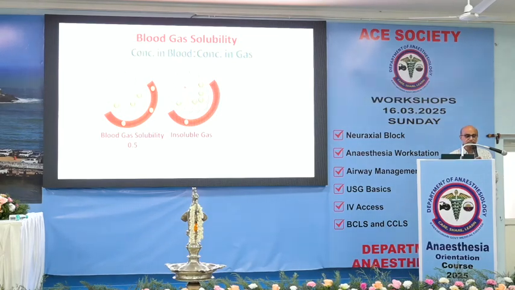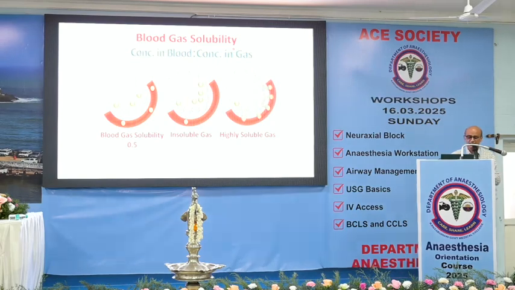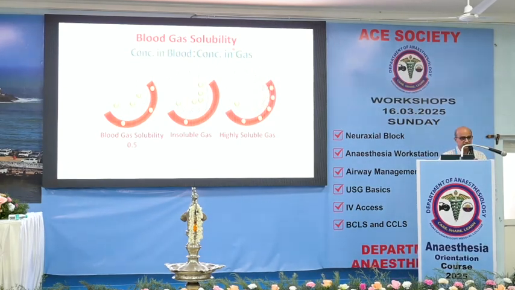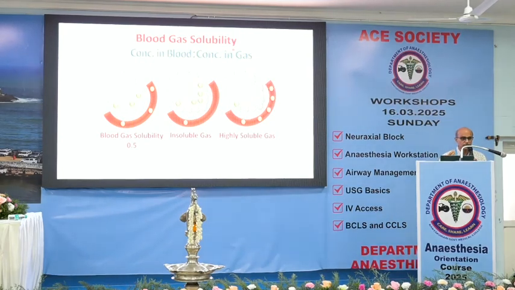Therefore, the alveolar concentration would almost equilibrate to the brain concentration at a much higher pace. But if the solubility is high, a lot of the molecules are wasted because they get dissolved in the blood, and very few molecules are there which are not dissolved, which can produce an effect.